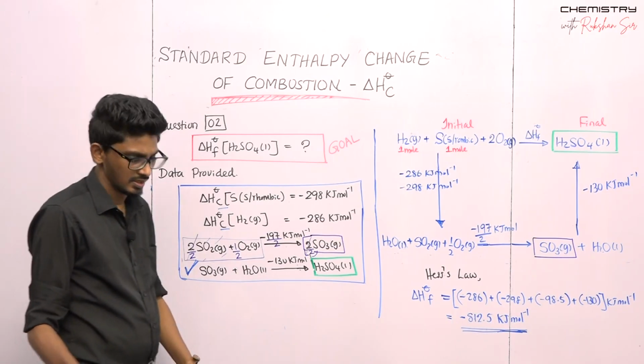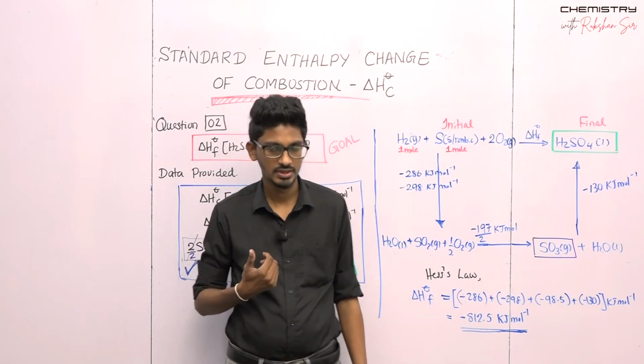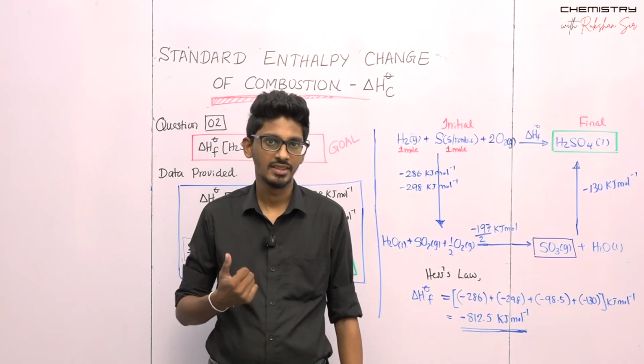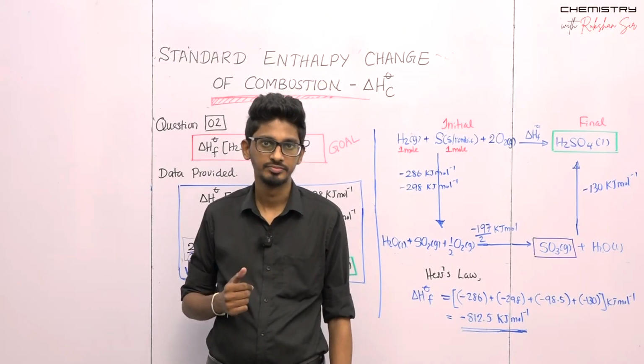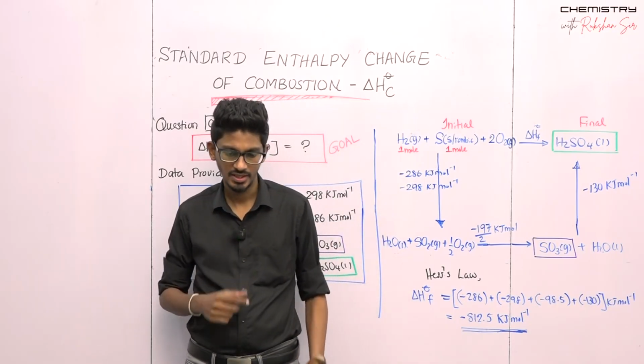So that is all we need to know about the combustion enthalpy and the related questions. Let's discuss the next enthalpy term, which is going to be the standard enthalpy change of bond dissociation. Let's move to that.